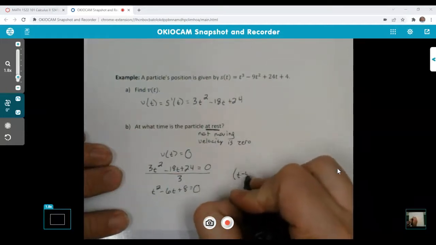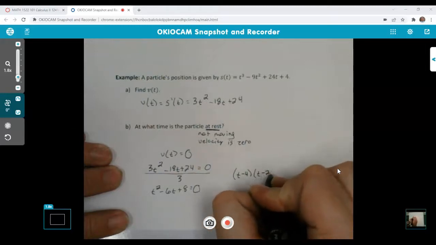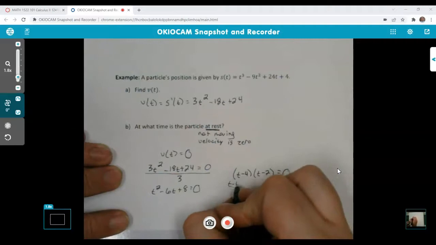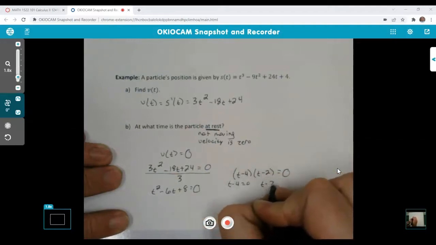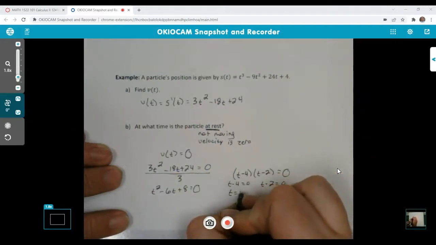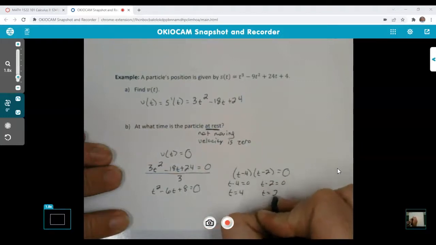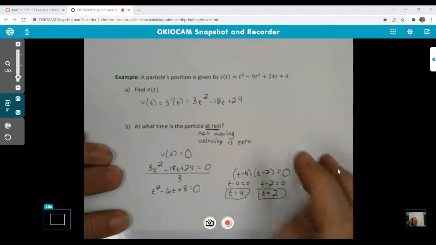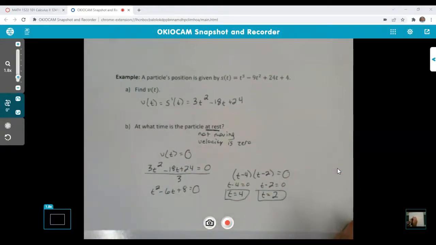So t minus 4, t minus 2 equals 0. Set both of those equal to 0, and you get t equals 4 and t equals 2. So at t equals 4 and t equals 2, the particle is staying still, not moving at all.